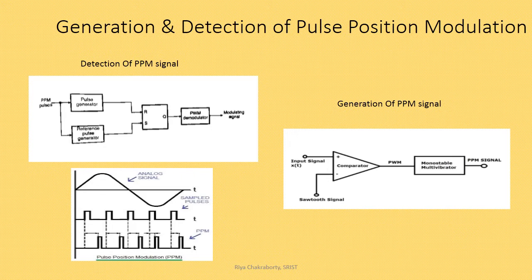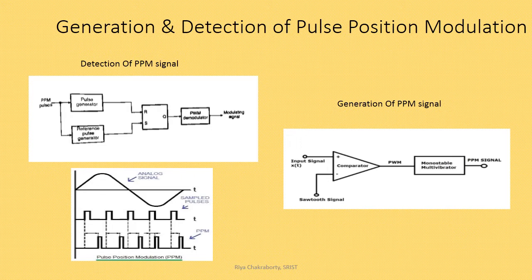Also, there are some advantages of PPM: it has good noise immunity and it is possible to reconstruct the PPM signal from the noise contaminated PPM signal. And next, due to constant amplitude of pulses, the transmitted power always remains constant.